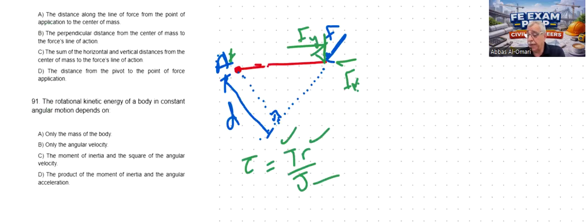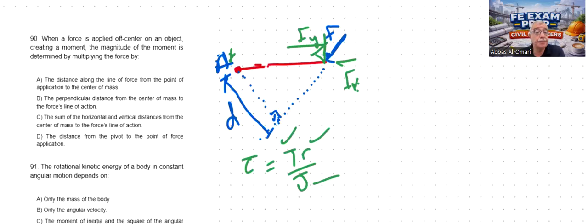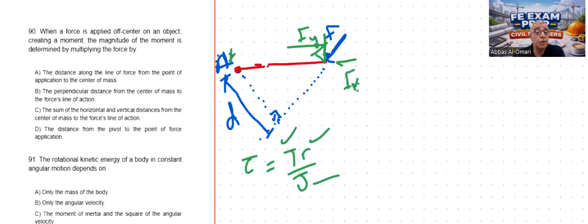When a force is applied off-center on an object, creating a moment, the magnitude of the moment is determined by multiplying the force by what? This is very similar to the question with this drawing, which is still here. Always the moment should be the force multiplied by the perpendicular distance.